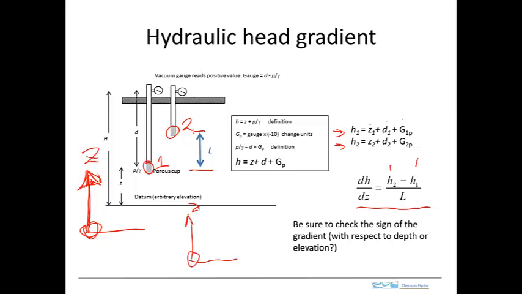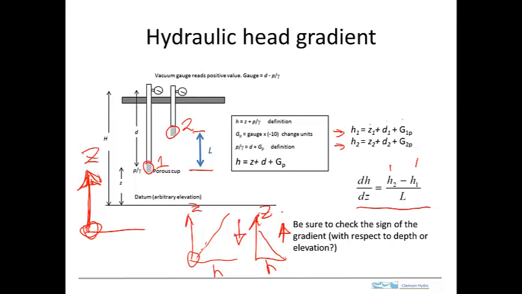So if this is z and we plot h, then a positive gradient would be like this, where the head is increasing with z, and that means that the flow would be downward. A negative gradient would be just the opposite. If there's z and h, the negative gradient would be that the head is decreasing with z, and that means that the flow is going up.